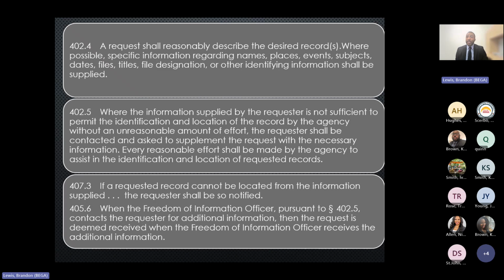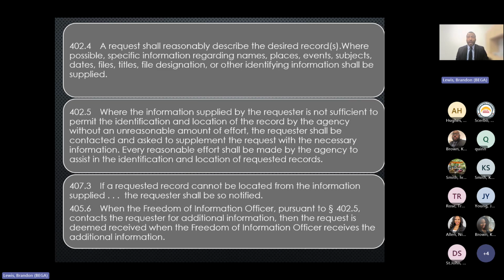A request shall reasonably describe the desired records. Where possible, specific information regarding names, places, events, subjects, dates, files, titles, file designation, or other identifying information shall be supplied.